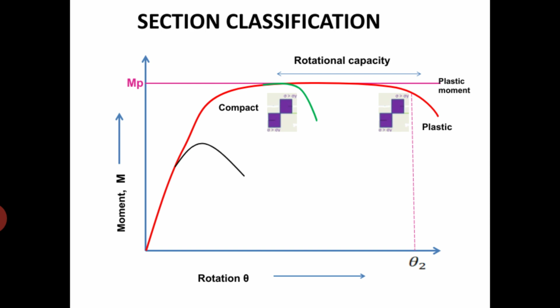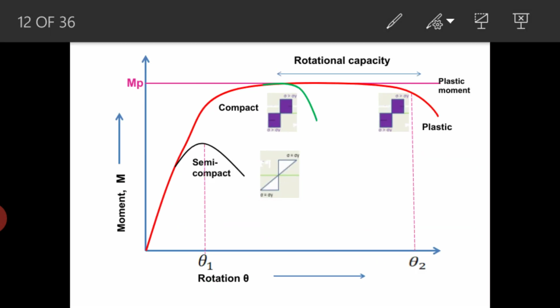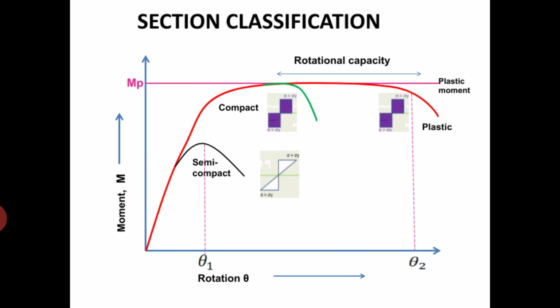But next will be the third classification, that is semi-compact sections, and for the stress corresponding to this you will get theta 1, and this is the stress distribution diagram for the semi-compact sections. Corresponding to this, whatever moment you get will be called the yield moment, that is My.